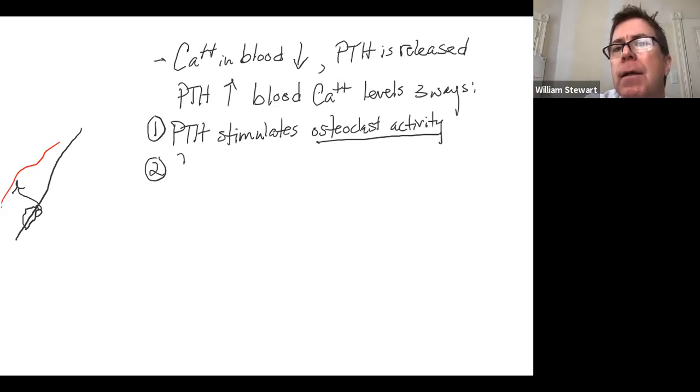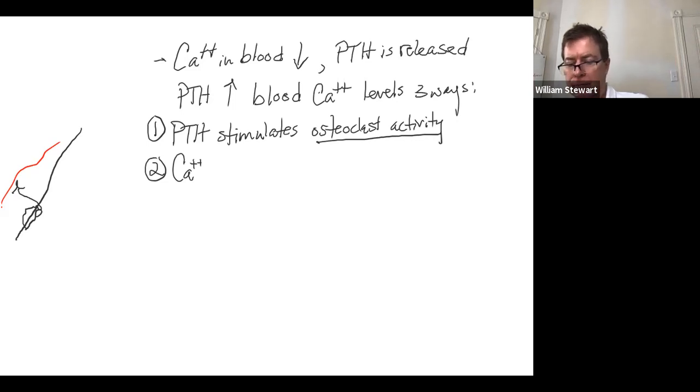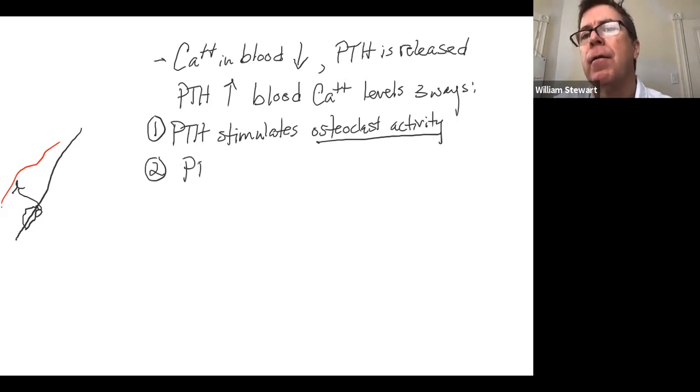The second way is PTH increases calcium absorption in the small intestine.